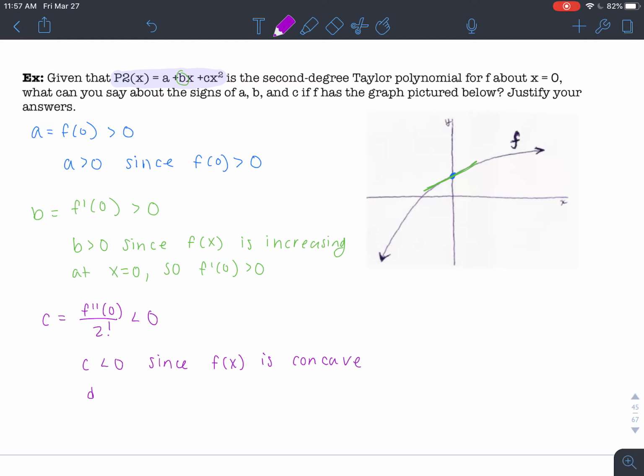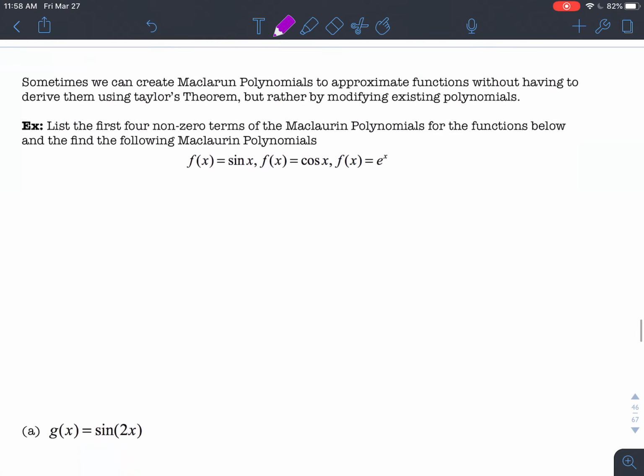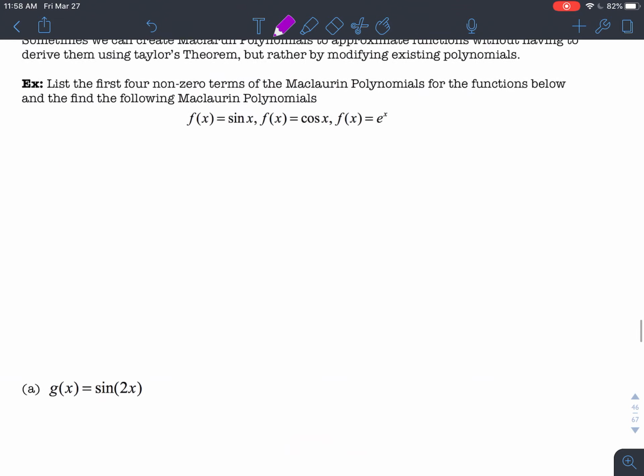So c is going to be less than 0, since f of x is concave down at x equaling 0. So our second derivative at 0 is less than 0, and divided by 2 factorial it is going to be less than 0 as well.